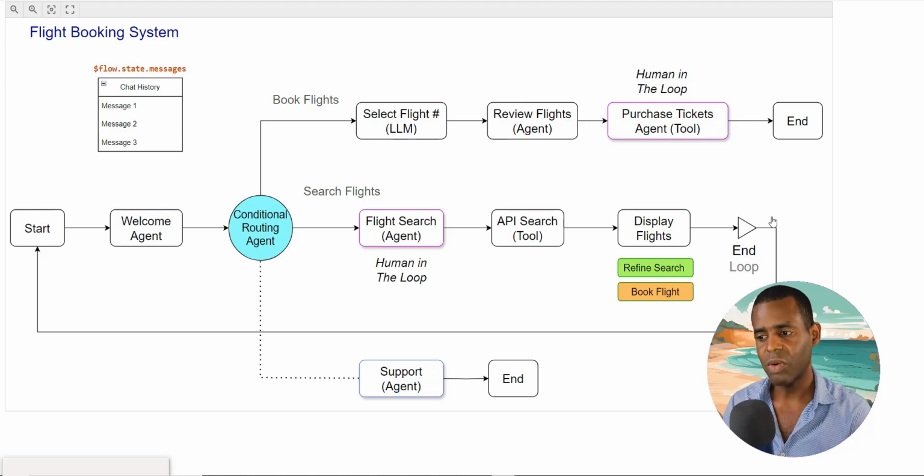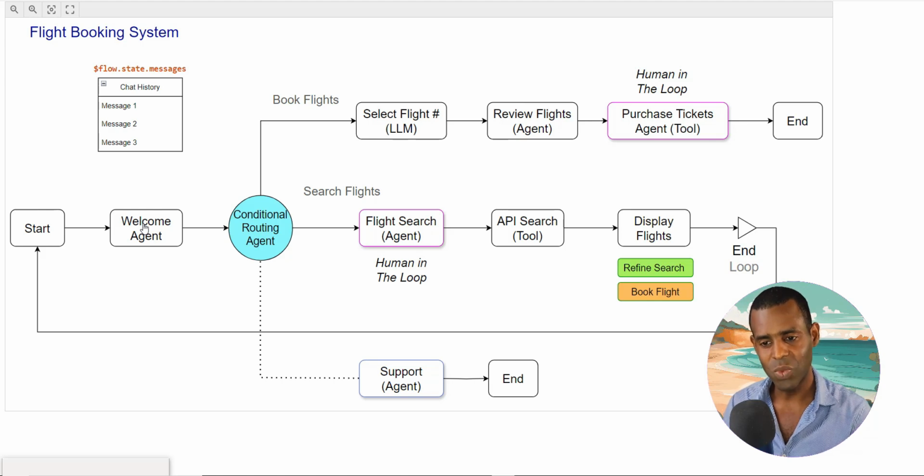And then if you have a question or a request, that is passed to the welcome agent, and the welcome agent will essentially respond to you. So for example, if you had a question about a flight, that question would come back to the start and get passed to the welcome agent.